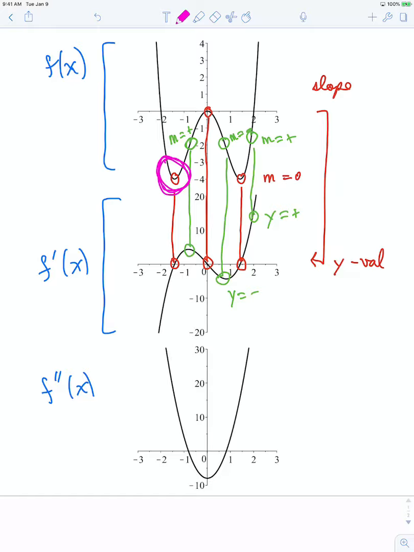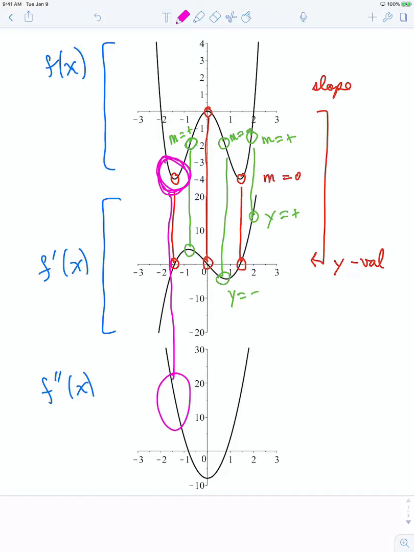And it's curving up. If you read it from left to right, it starts by going down, but the way it's curving is to go, instead of down, it will start to go the other direction. And once it does start to go up, it starts to go up more. So it's curving up. And what that should mean, if you go all the way down to the bottom graph, is that we should have positive values on the f double prime graph.